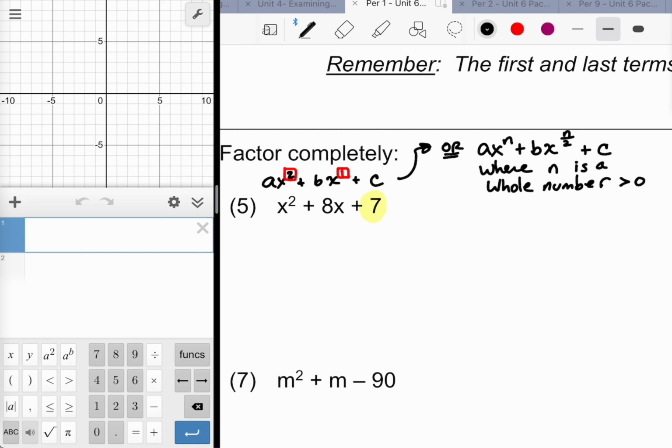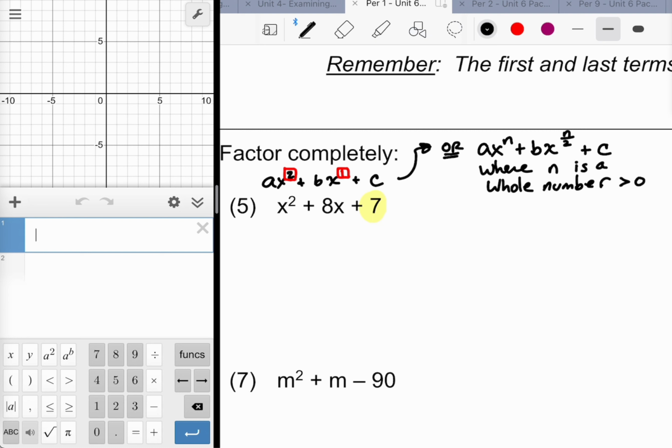So what we're going to look at, again, is that c value, that constant value, and we're going to look at the factors of it: any values that would multiply to give us that number. In most cases those are going to be whole numbers, but sometimes they can be fractions, decimals, or irrational numbers. We'll start off simple, with the case where they're whole numbers or integers.